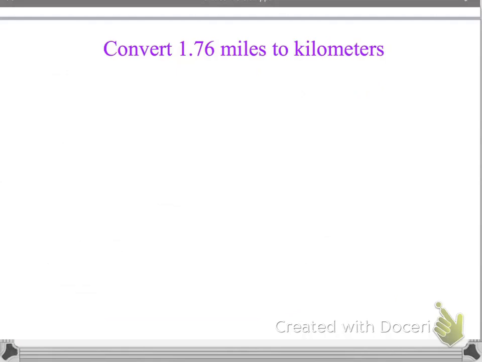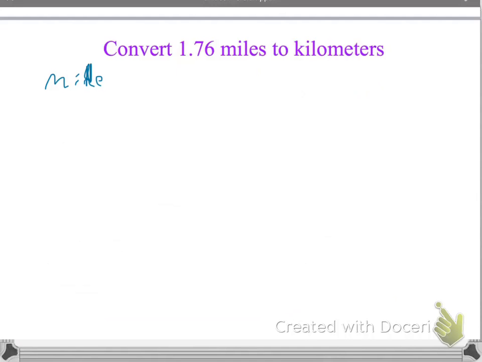So let's use this first. We're going to convert 1.76 miles to kilometers. Now there's an easy way of doing it, and a little bit more roundabout, and I'll go about the roundabout way because of things that I've personally memorized. To go from miles to kilometers, we're going to have to start with mile.